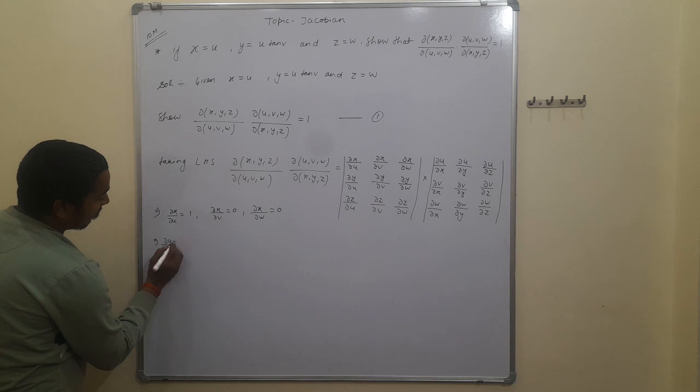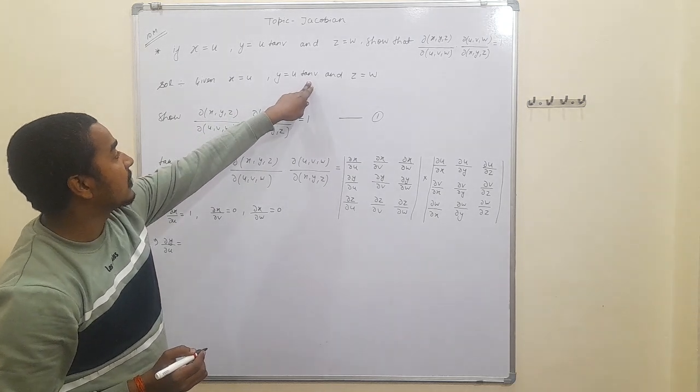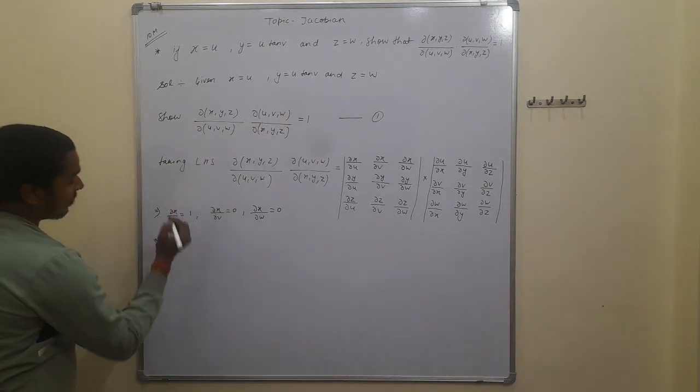Further we have to find del y upon del u. Here y is equal to u tan v, differentiating partially with respect to u, that is tan v.